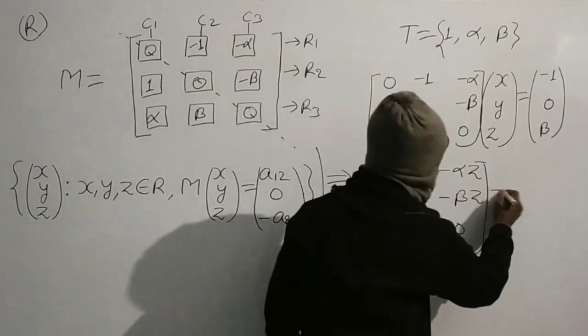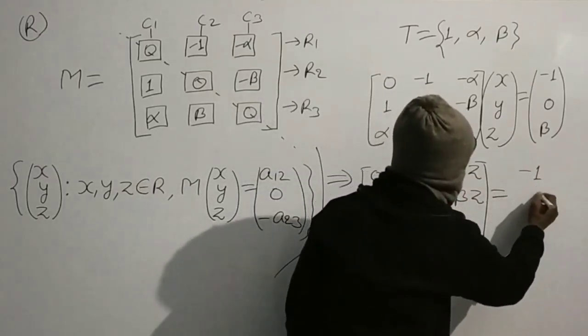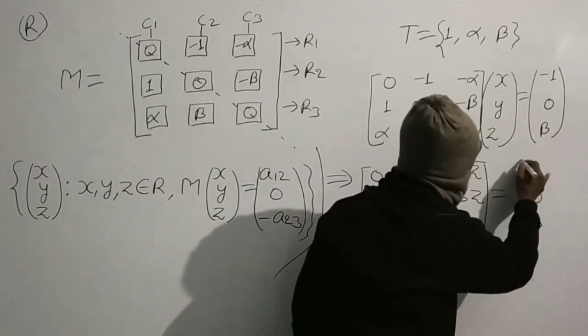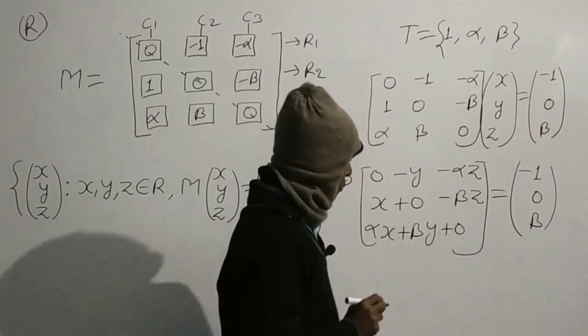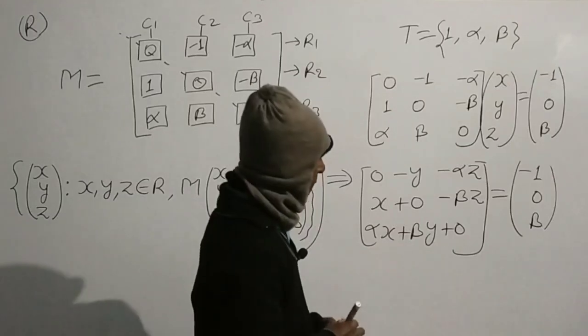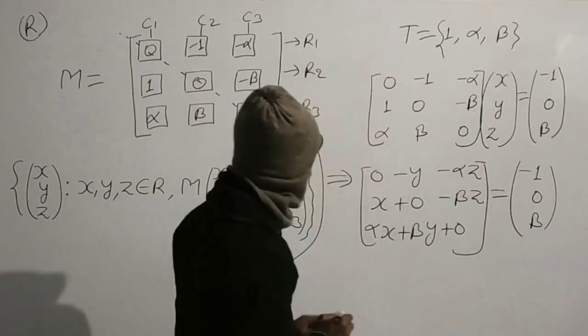Will be equal to minus 1, 0, beta. When two matrices are equal, then elements at the same position are equal.